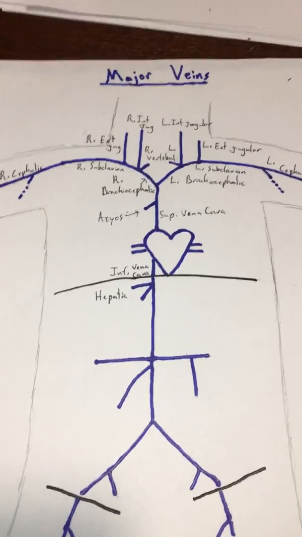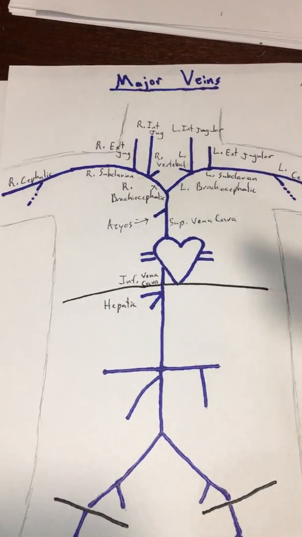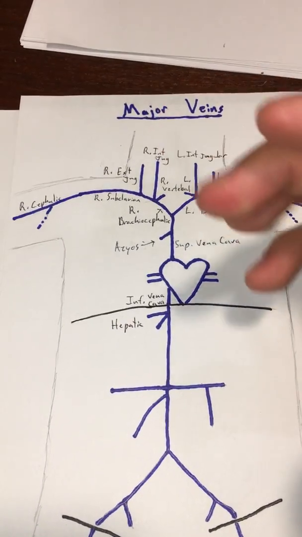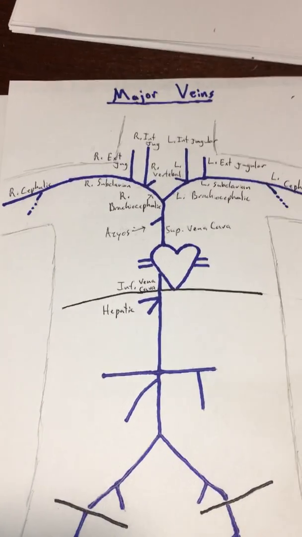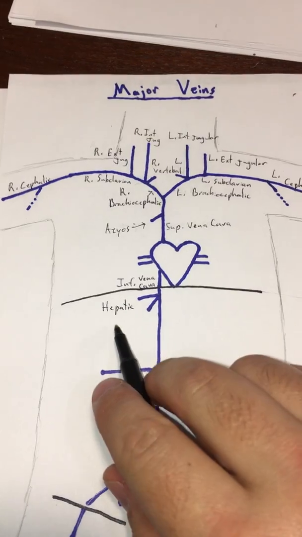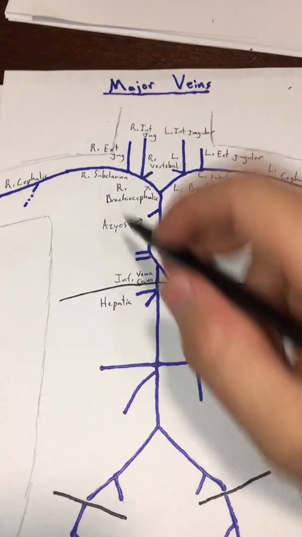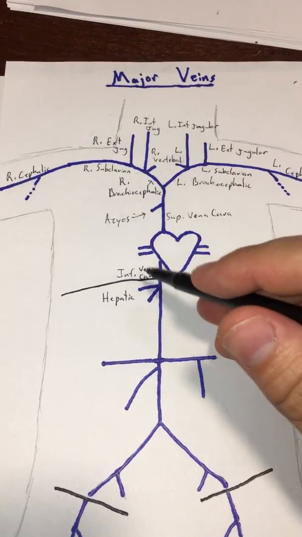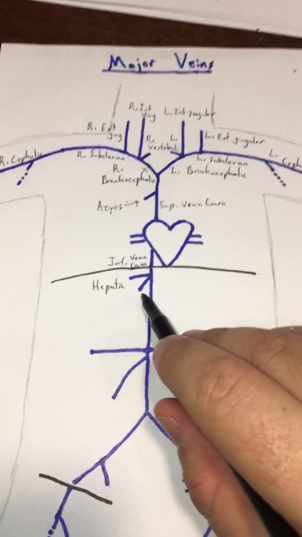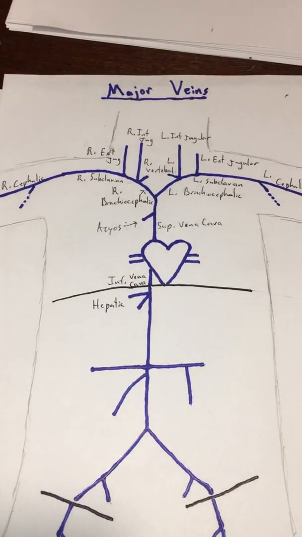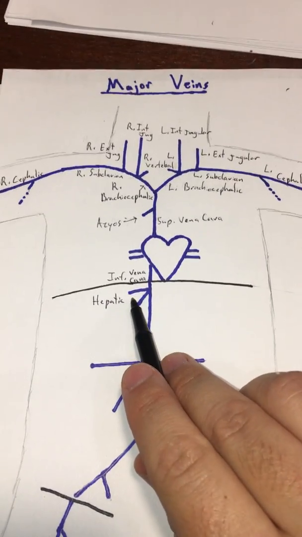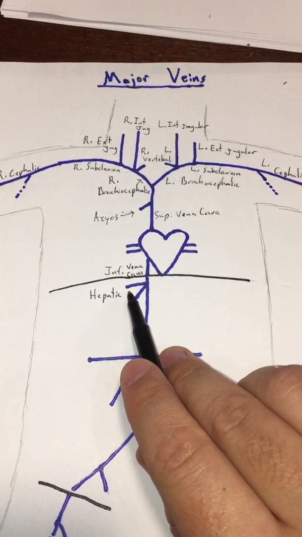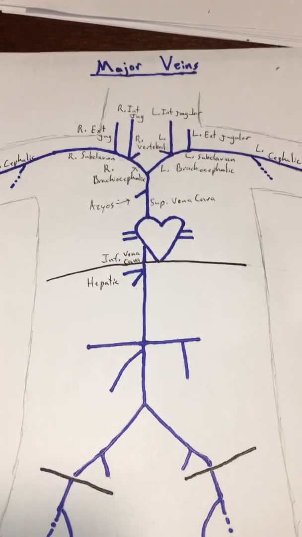But the hepatic portal system is a venous system that we take out of this roadmap and make its own roadmap, and it connects to this systemic circuit right at this point into the inferior vena cava. So I recommend watching my hepatic portal system roadmap to understand why I'm writing the hepatic veins right here going into the inferior vena cava.